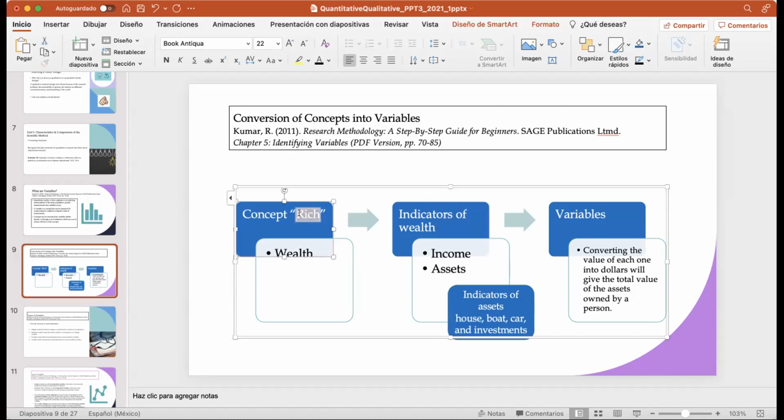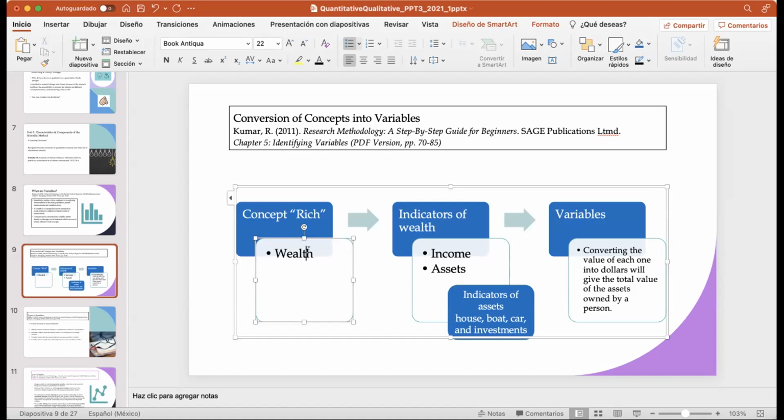Rich? Es rico. Rico, rico. Yes, so rico es un concepto, es un adjetivo. Yes, an adjective. But I have another concept related to rich, which is wealth. Wealth is the noun, the abstract noun referring to rich. Richness can also be used, but we talk about wealth.